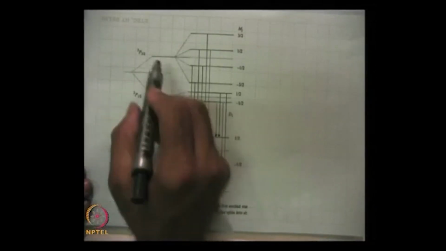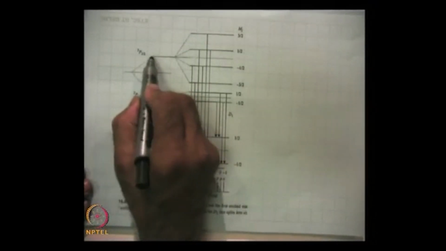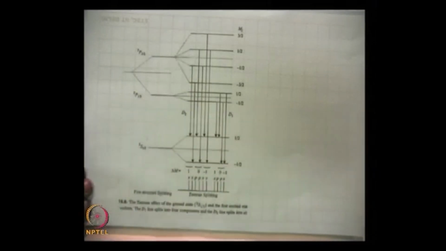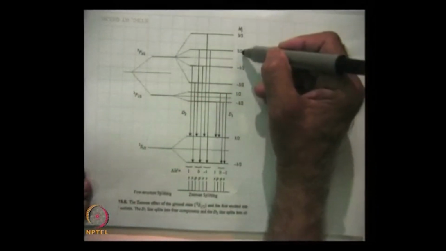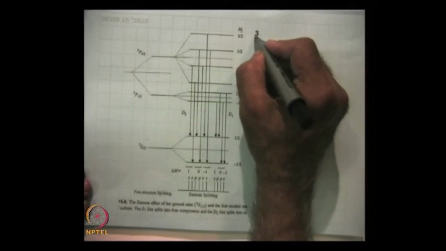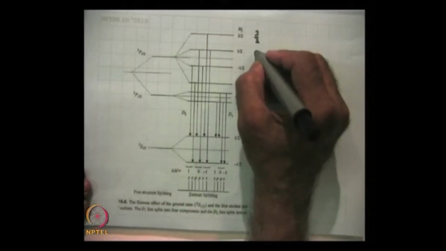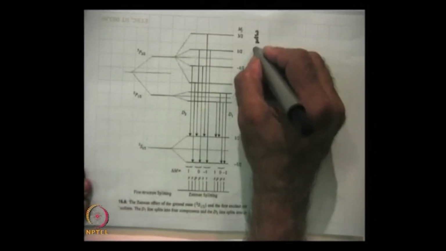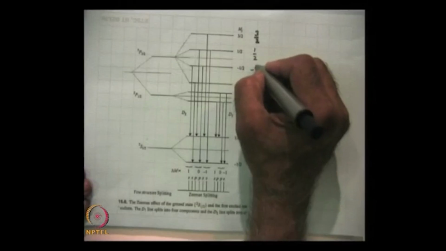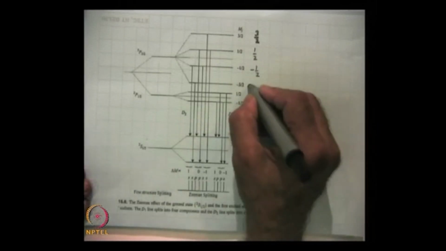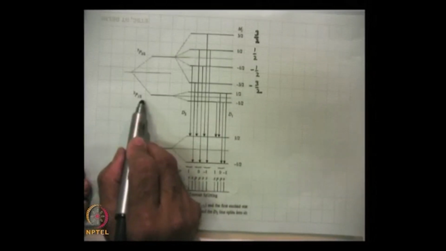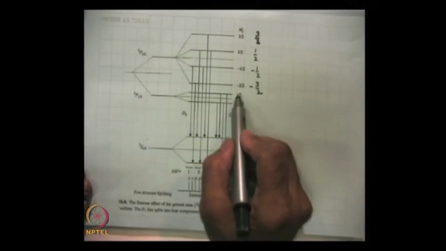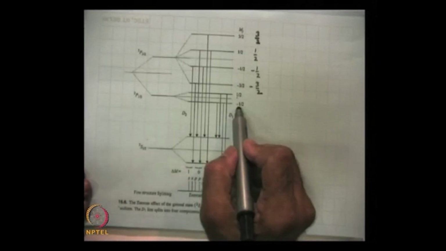Now, please see that the j equal to 3 by 2 state splits up into 4 states: 3 by 2, half, this is 3 by 2, this is the z component of the total angular momentum vector, this is half, this is minus half, and this is minus 3 by 2. The doublet p half state splits up into half and minus half.